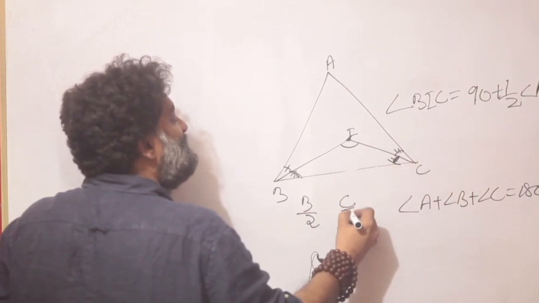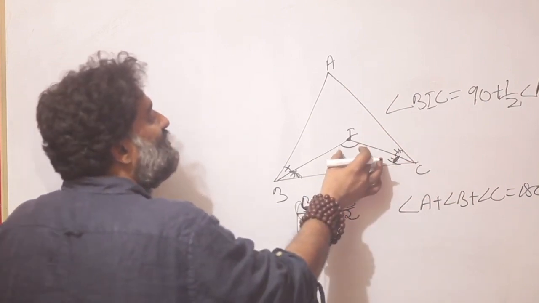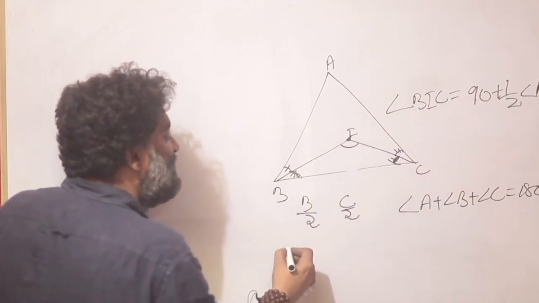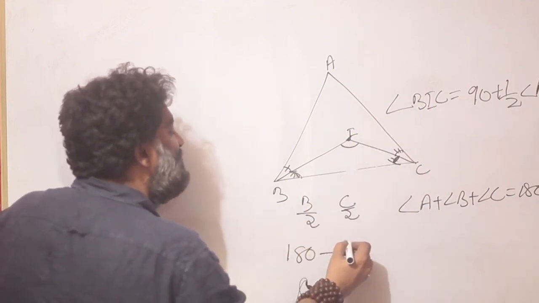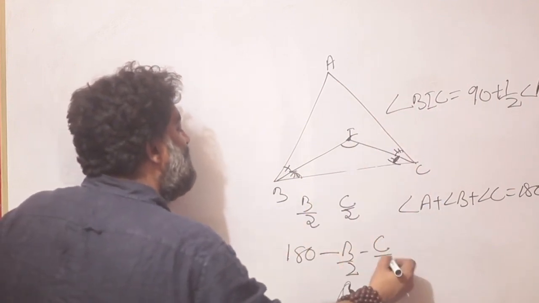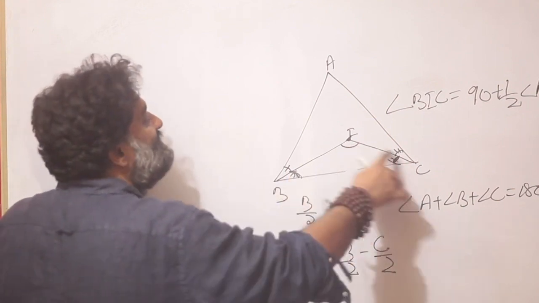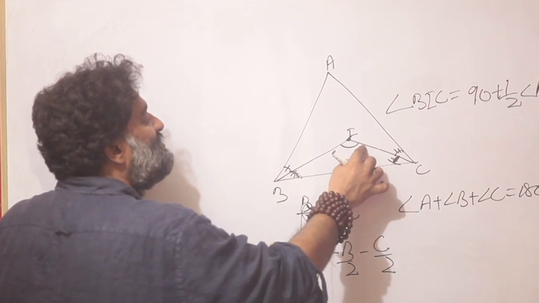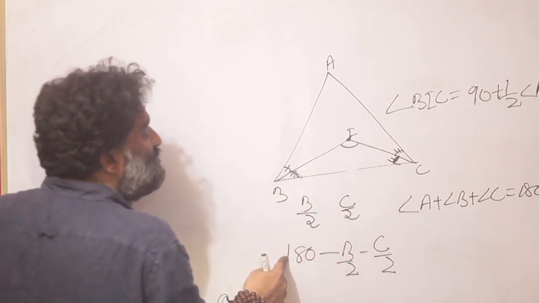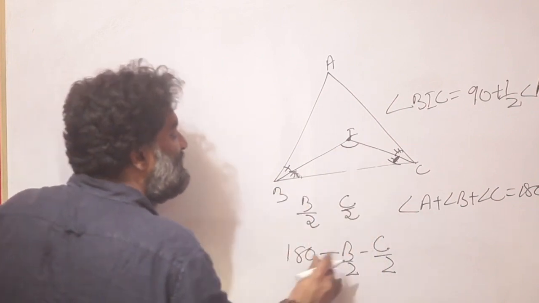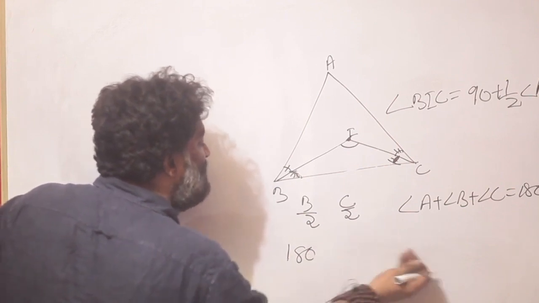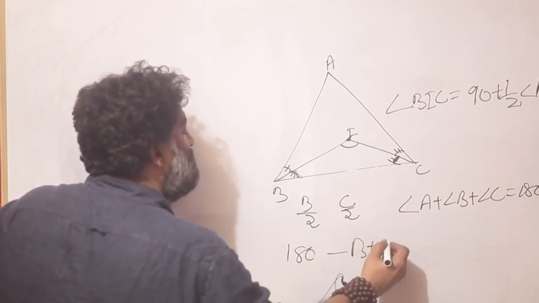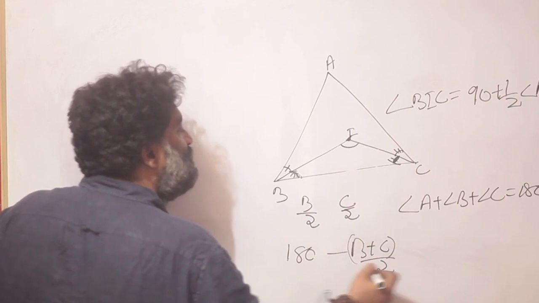This angle is going to be C by 2. So angle BIC is going to be 180 minus B by 2 minus C by 2. Sum of all angles is 180. So from 180, if I remove these two angles, I should get the measure of this angle. So 180 minus B by 2 minus C by 2, just rewrite this as minus (B plus C) by 2.